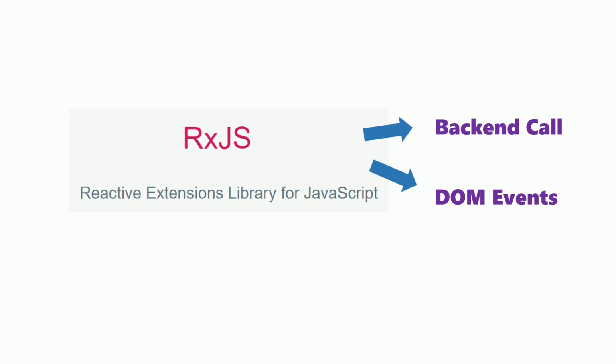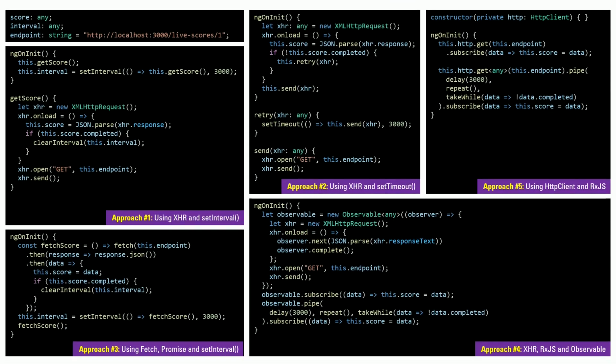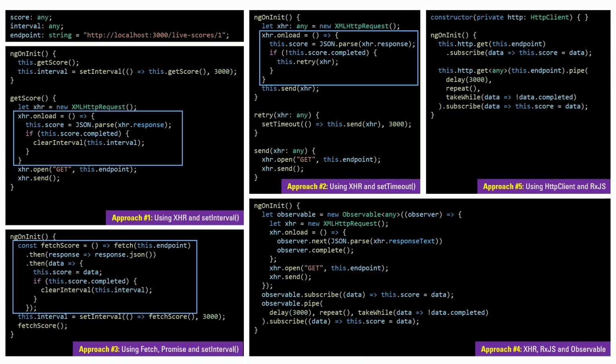The key takeaway is that when our program gets complex when working with asynchronous behavior and callback function, we should consider using RxJS, which may help to simplify our code. Hope this video provides an entry point to start learning RxJS. Hope this video helps you answer basic RxJS questions in an interview.